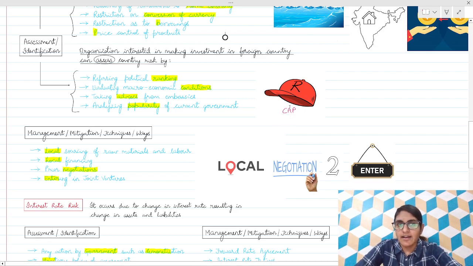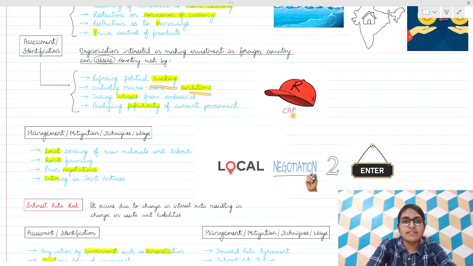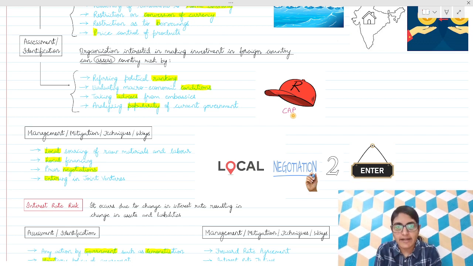Conditions, advisors and popularity. He listens to the advisors and then he becomes popular. So ranking, conditions, advisors, popularity. Ranking, referring political ranking.